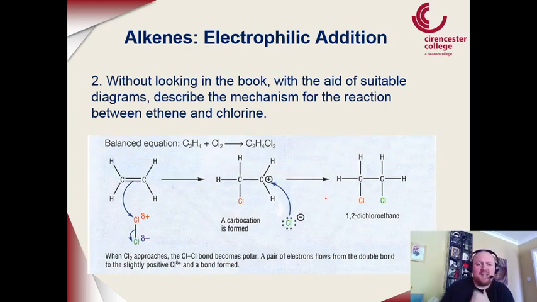So we can see here that the carbon-carbon double bond has an excess of electrons, it has lots of electrons in there because it has your sigma bond, and you have your pi bond which sits on top of there. They are going to react with one of the chlorines.